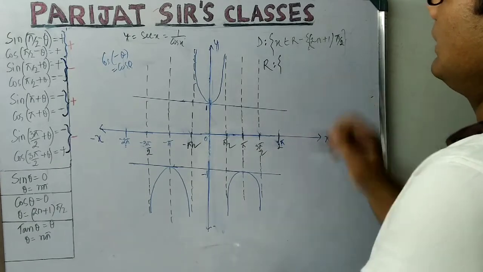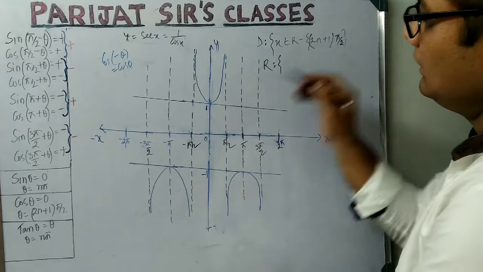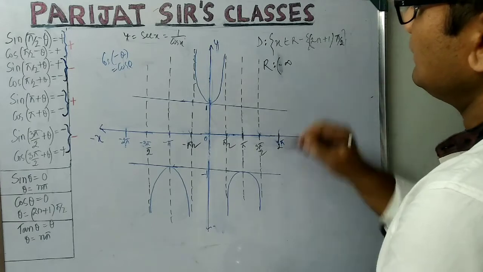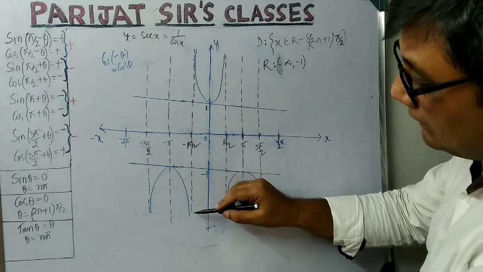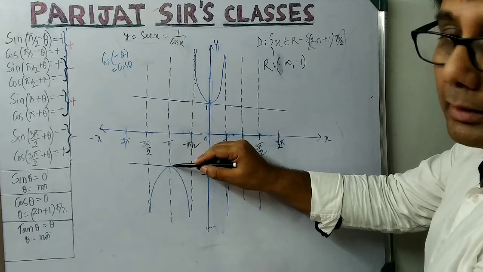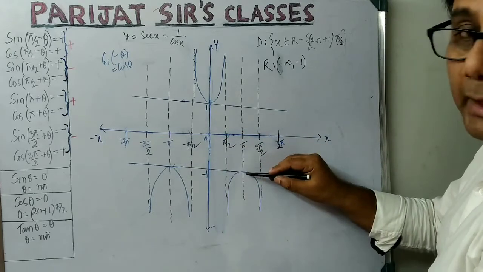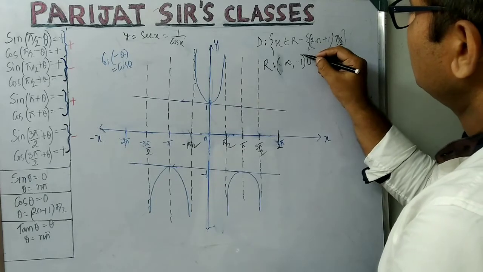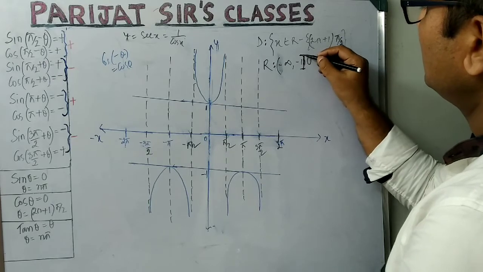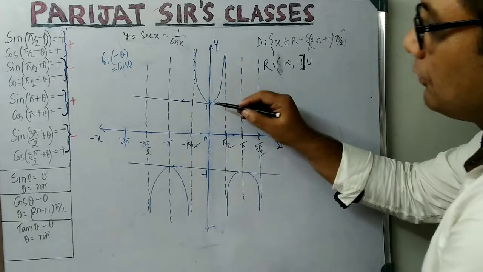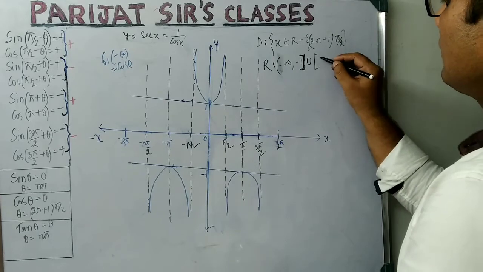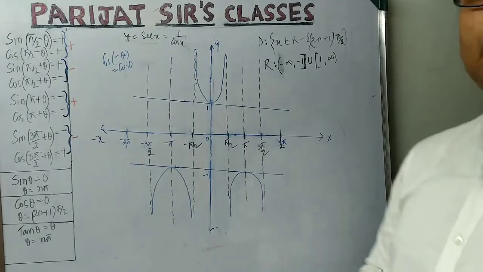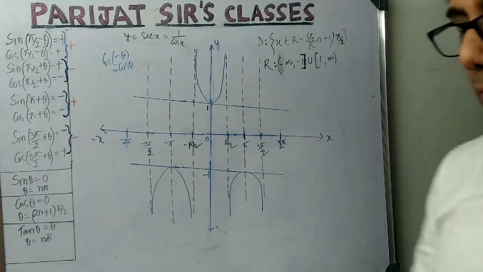And the range of the graph will be what? The range will be from minus infinity to minus 1, union, from 1 to infinity. Here minus infinity is open and we are taking minus 1, so we have to give a box here. This is the range of y equal to SecX.